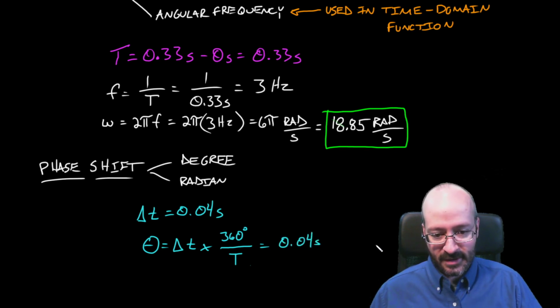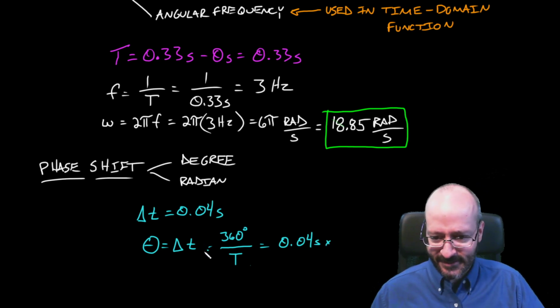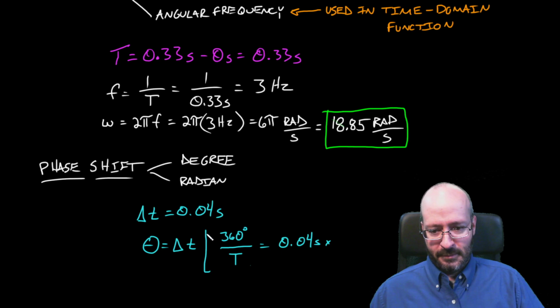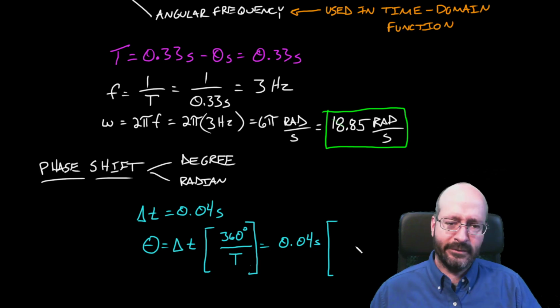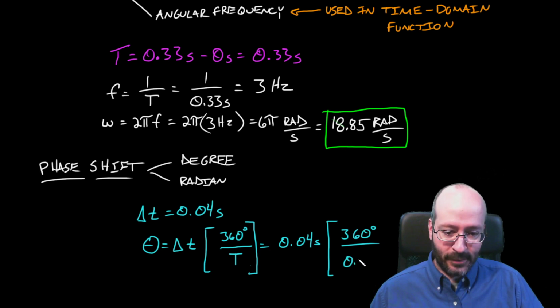So let's see what that works out to. 0.04 seconds times, I'm going old school with the times there, aren't I? There we go. Just so you're not wondering where X came from, there's no X. 360 degrees over 0.33 seconds.